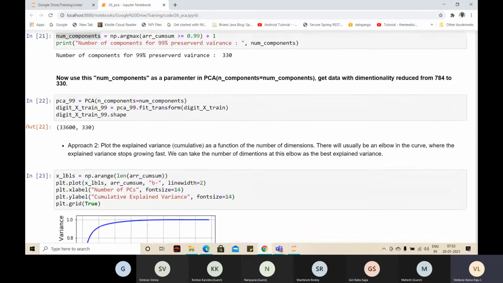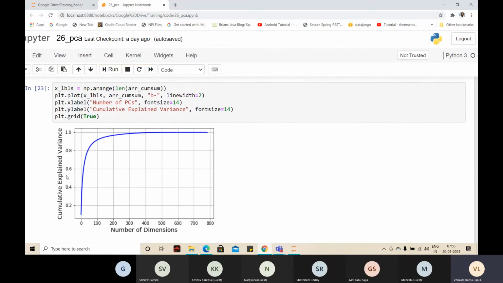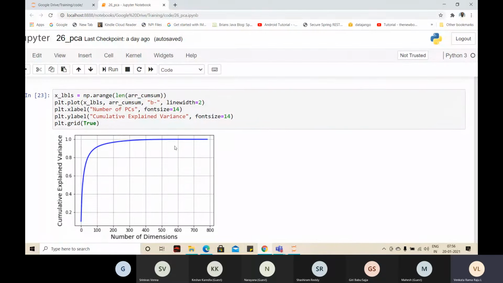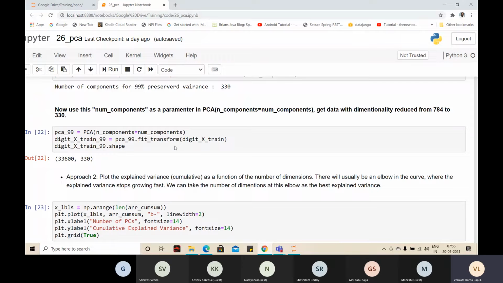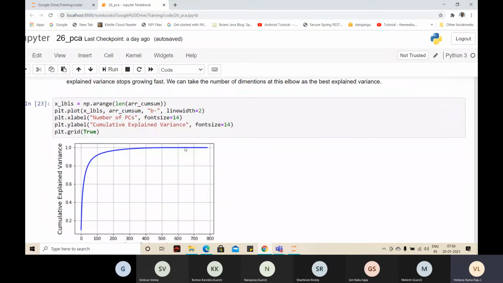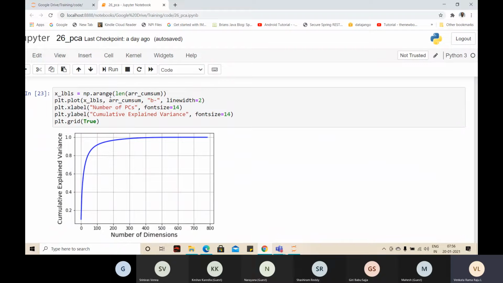Okay, so here there is another way. Approach one is to take it like this, and there is another way we can know how many components we should be extracting: you can do a learning curve. You take the cumulative sum.